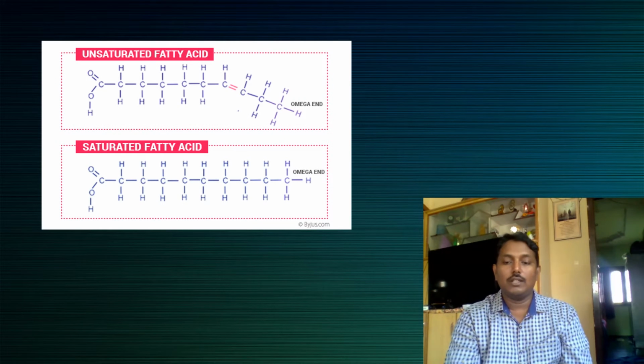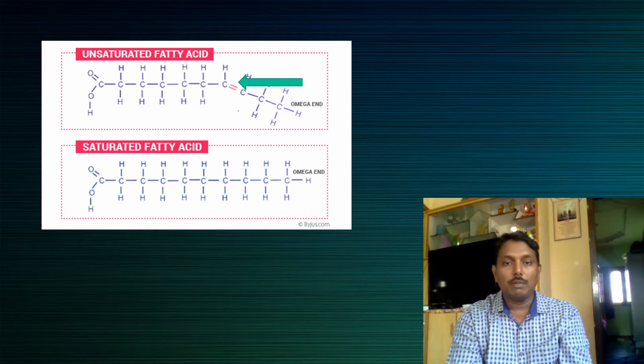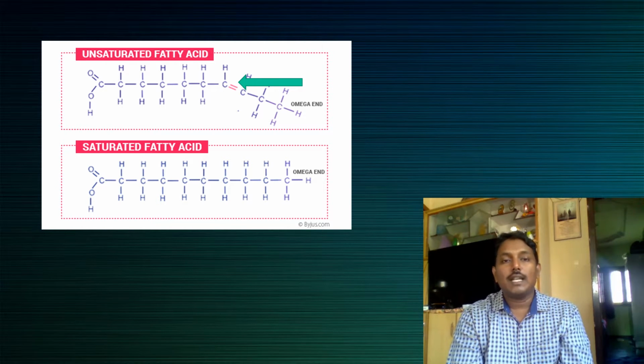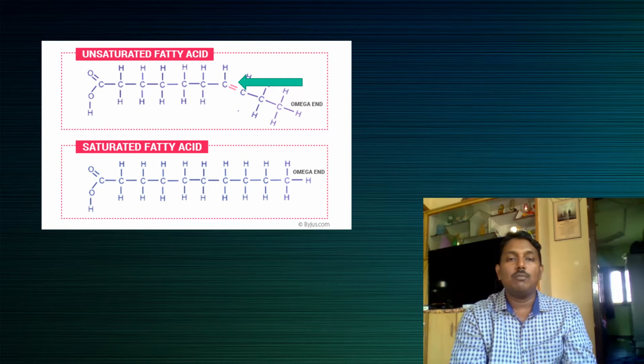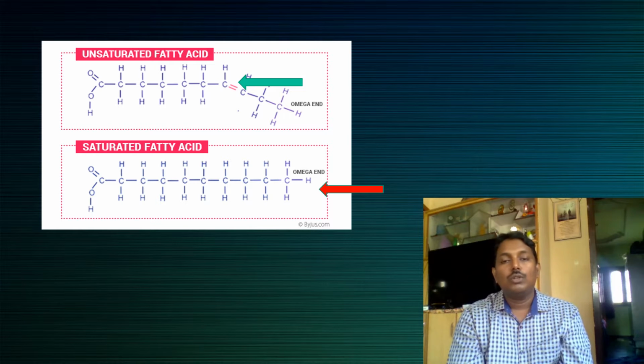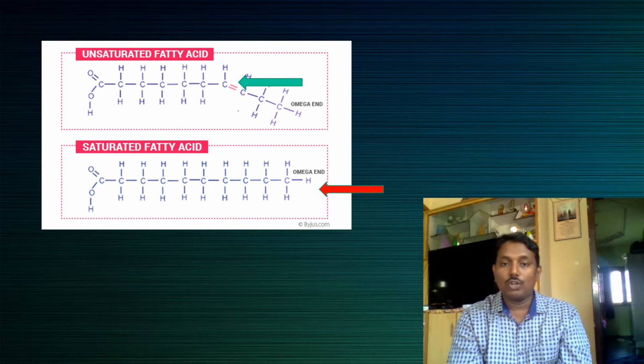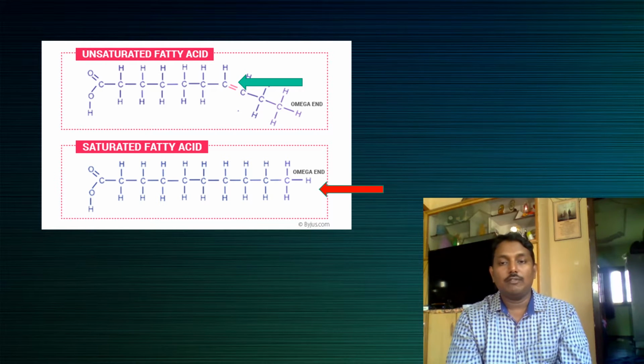Observe this picture here. You can observe there is a double bond where the arrow is coming up, which is an unsaturated fatty acid because there is a double bond present there. You observe the picture below. There is no double bond in the entire chemical structure. Of course, there is a double bond between oxygen and carbon, but not between the two carbon atoms. So this is a saturated fatty acid.